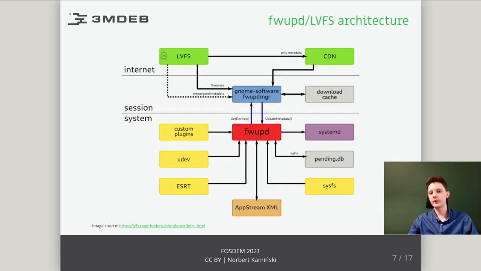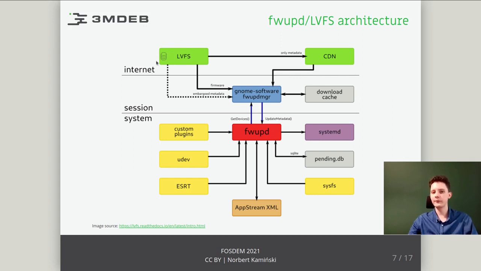Let's look at the fwupd architecture. It could be split into three parts. The first part is the internet layer, where LVFS is placed, which stands for Linux Vendor Firmware Service. It holds the firmware updates and firmware metadata in a database.